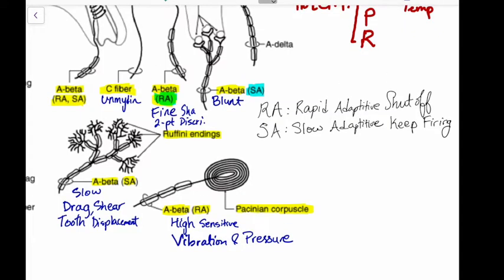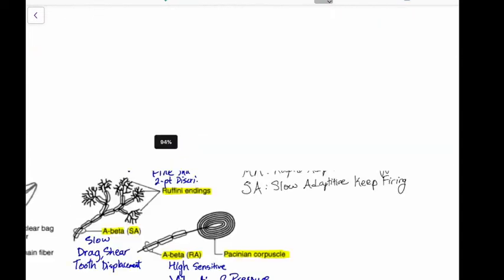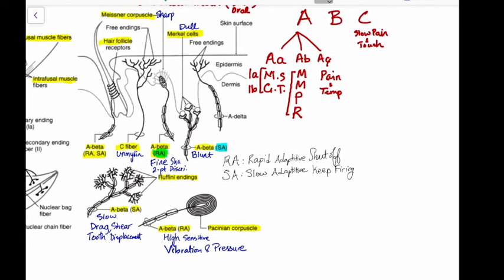So once again, if you look at the similarity, we had our Meissner corpuscles, which were sharp, whereas the Merkel cells were dull. And Merkel cells that were dull are slow adapting, whereas Meissner corpuscle sharp was rapidly adapting. Similarly, we have Pacinian corpuscle, which is rapidly adapting, like Meissner corpuscle.